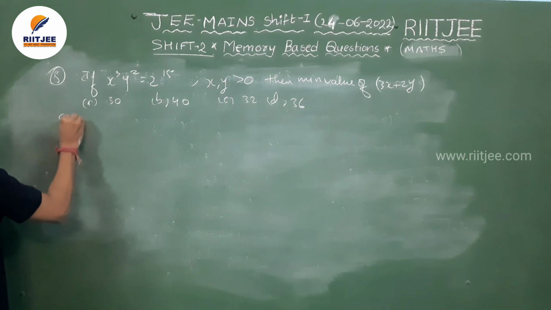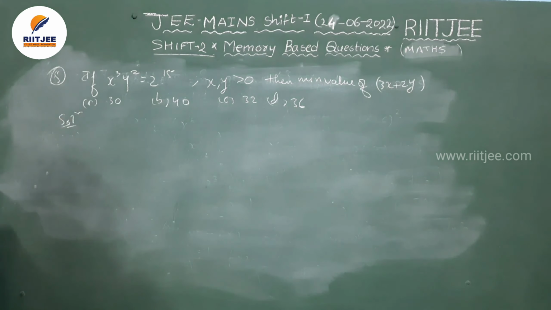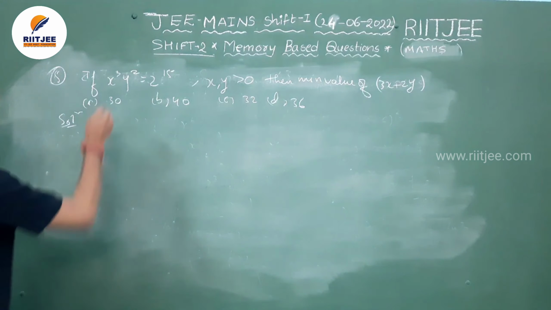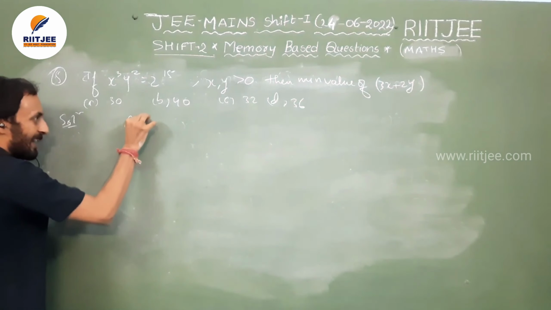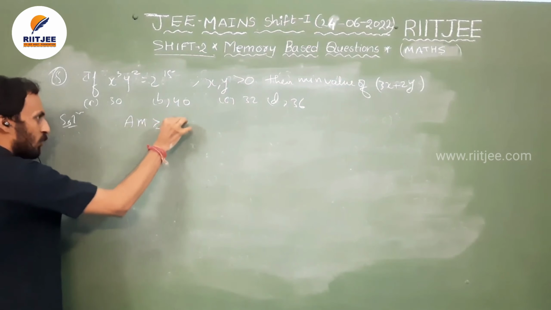Now the solution of this question says that if x cube y square is there, we all know that arithmetic mean is always greater than or equal to geometric mean.